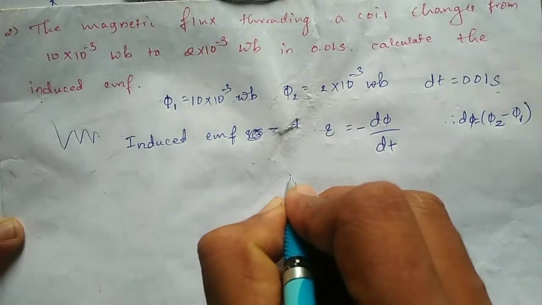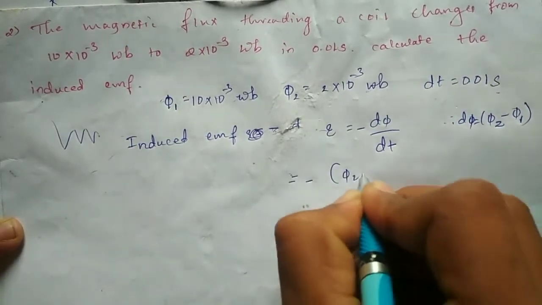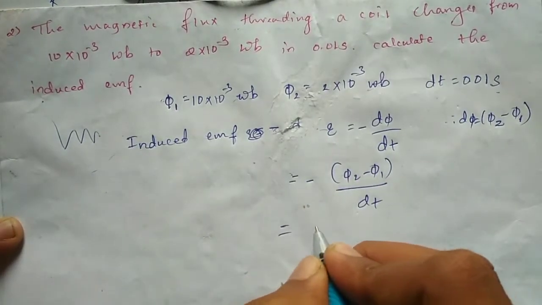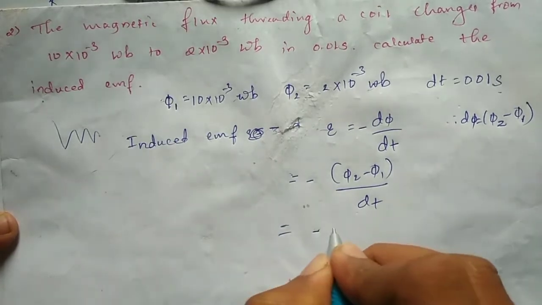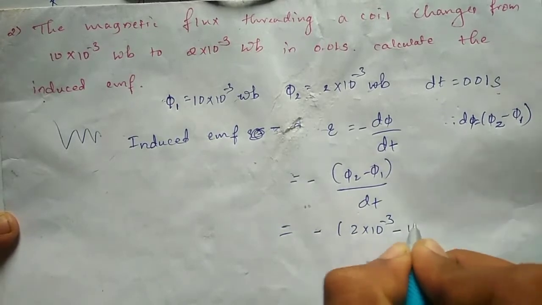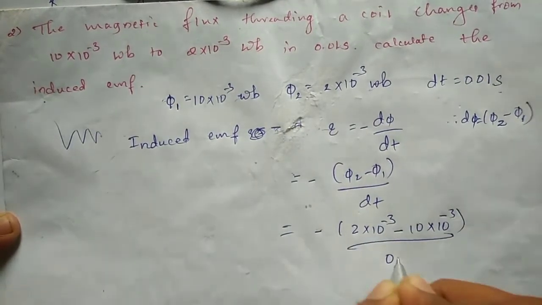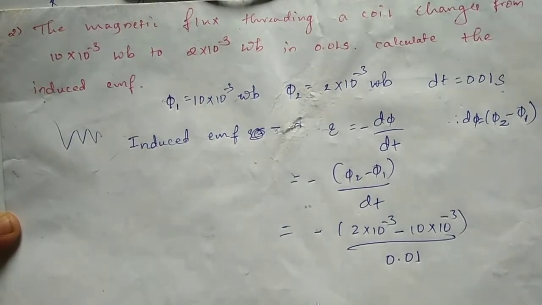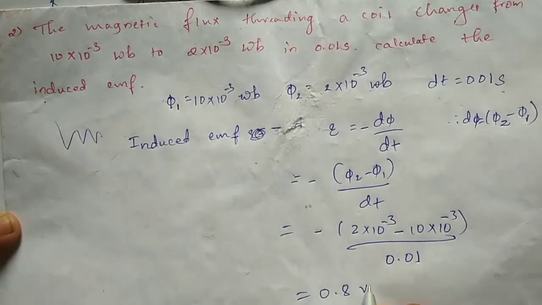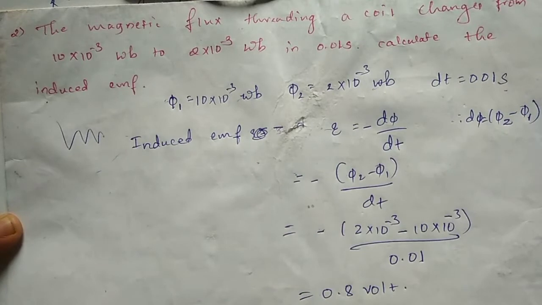Epsilon equals minus (2 into 10 to the power minus 3 minus 10 into 10 to the power minus 3) divided by 0.01. You will get the value 0.8 volt. This is the induced EMF.